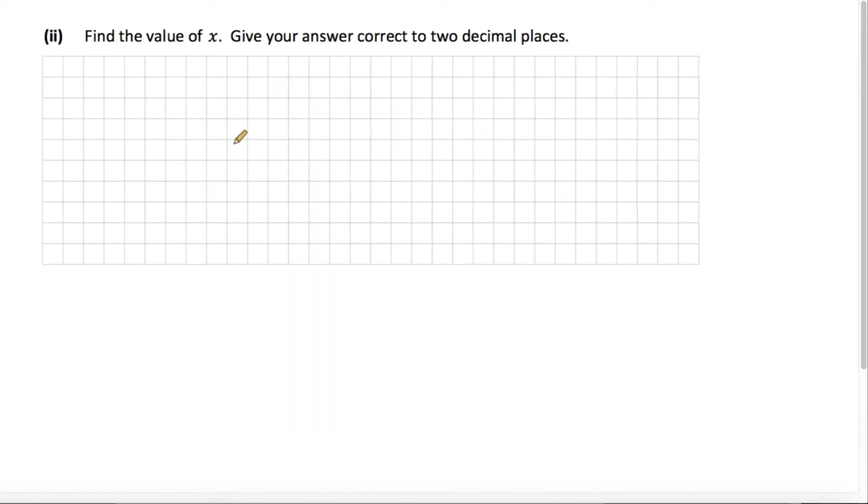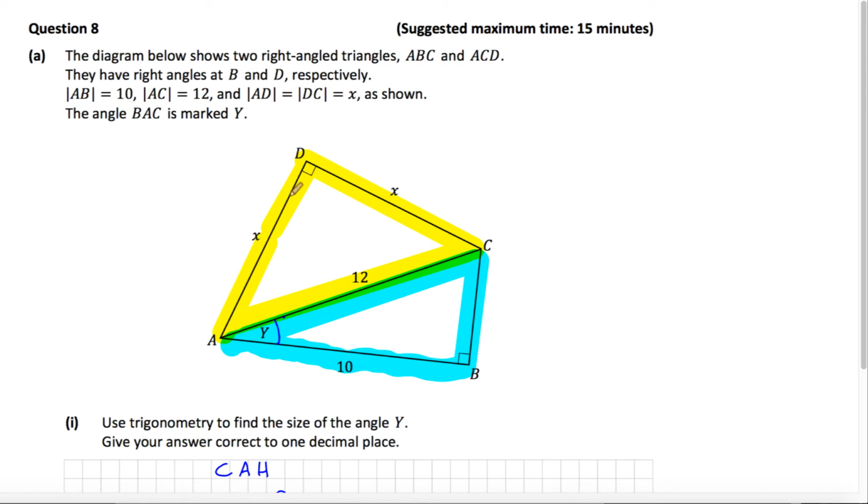Part 2 then says find the value of x and give your answer correct to 2 decimal places. Well, x, if we remember, was the length in this isosceles triangle here. It's the length of both these sides, AD and DC, which are the same. So if we look at this yellow triangle, it's a right angle triangle. We're looking for the length, so we can apply Pythagoras here. You could label this a, b, and the hypotenuse is c.